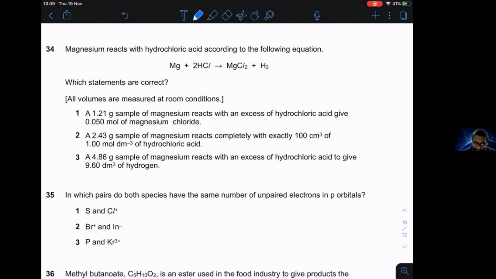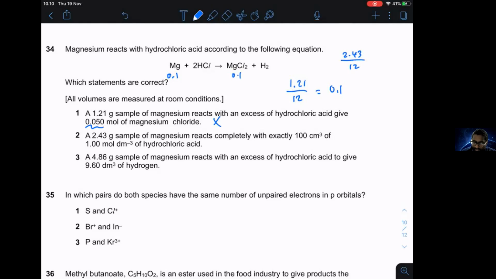Let's actually calculate. 1.21, magnesium is going to be 12, so roughly we are talking about 0.1 mole. It's supposed to give you 0.1 mole of MgCl2, so therefore this is wrong.